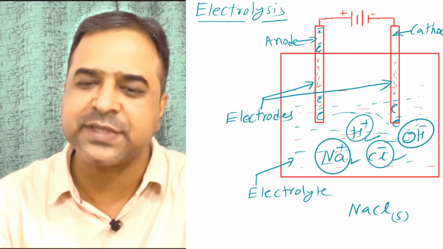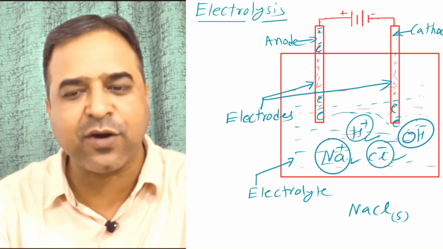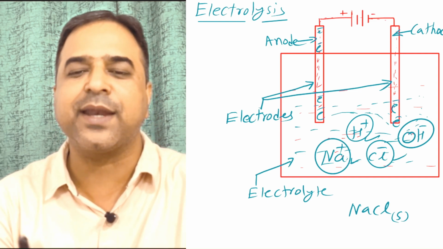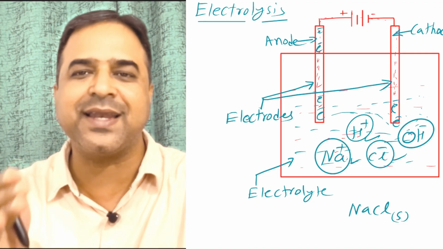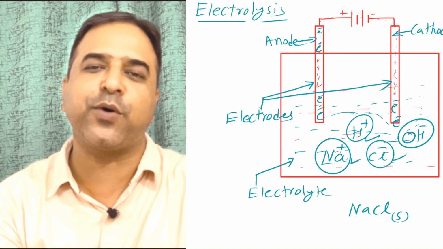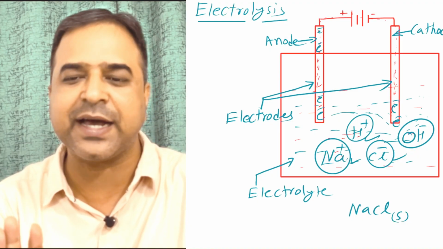What happens due to the supply of electric current? Due to the supply of electric current, these ionic compounds can be broken. Electro means electric current, lysis means splitting. So splitting of the ionic compound takes place because of the use of electricity as energy.